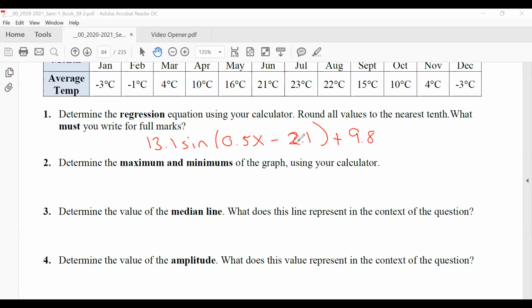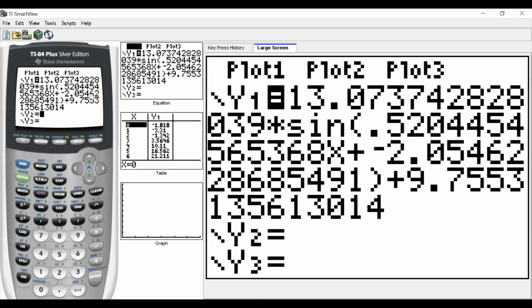Now, right there, I do not get 100% on my diploma. You have to write y equals for full marks. Got it? Now, from here, we're going to start letting our calculator do the work for us. So we never use the rounded equation that we just put down. We always use this one here that's in our graphing calculator.